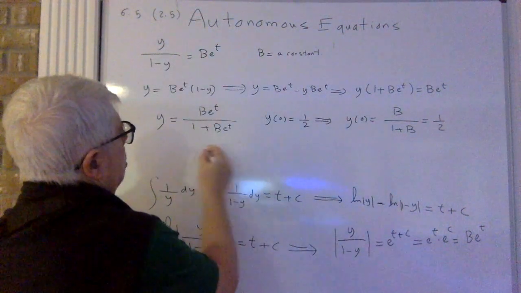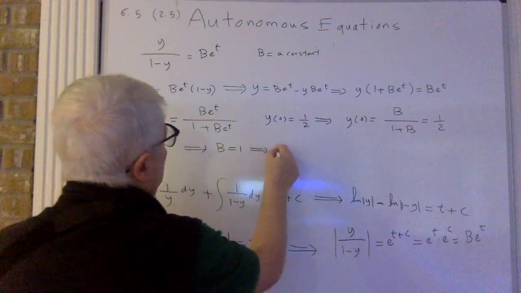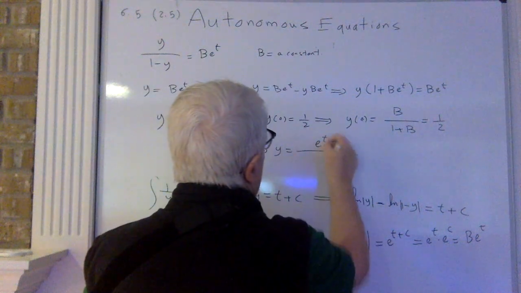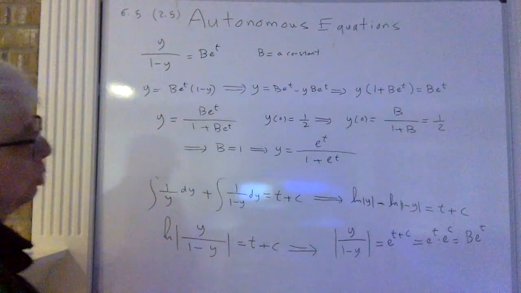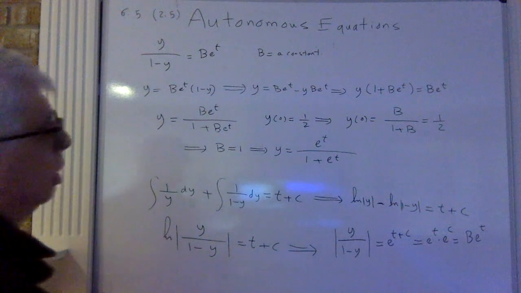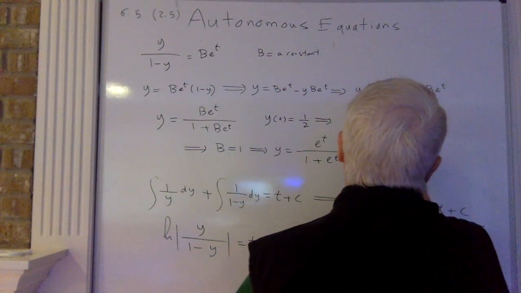So this in fact gives me b is 1 and y will be e to the power t over 1 plus e to the power t. Now if I divide both numerator and denominator by e to the power t, I will get a simpler version of this. Well, it's not simple, but it's much nicer.